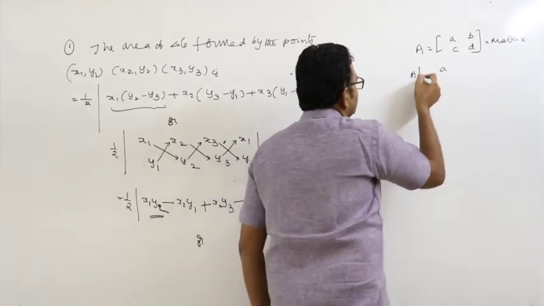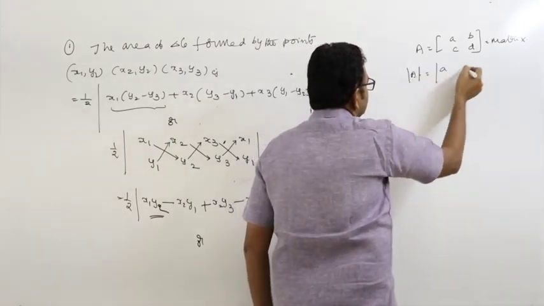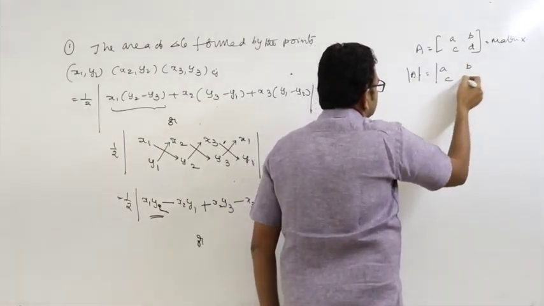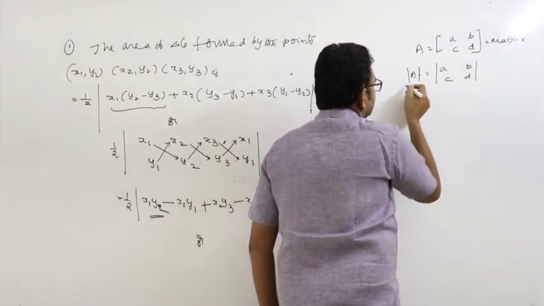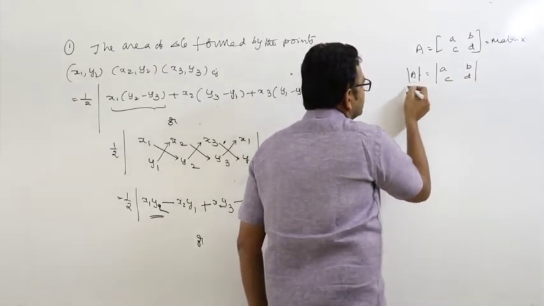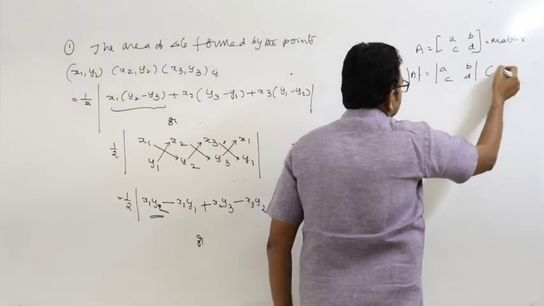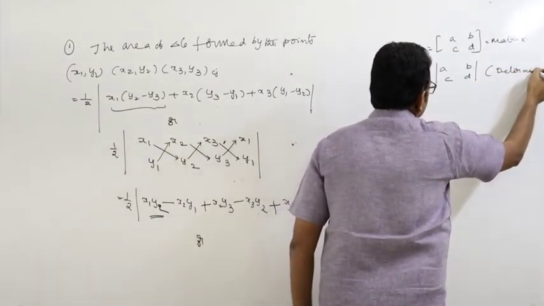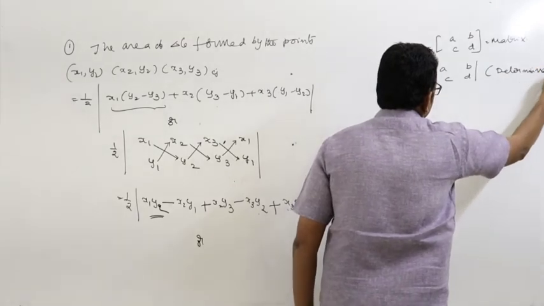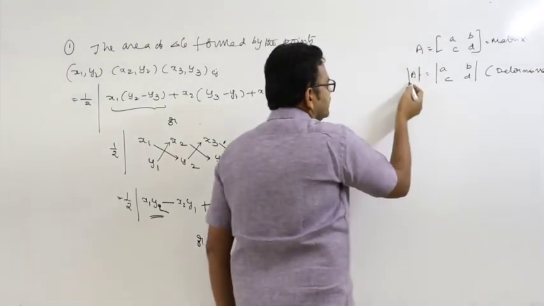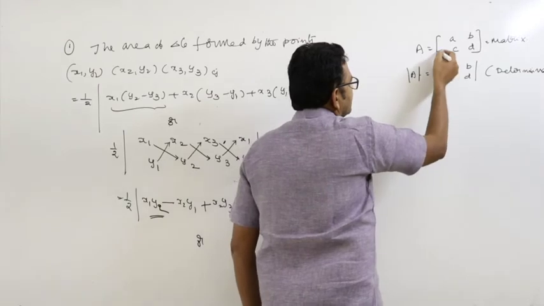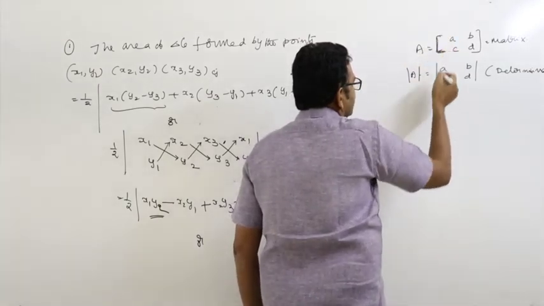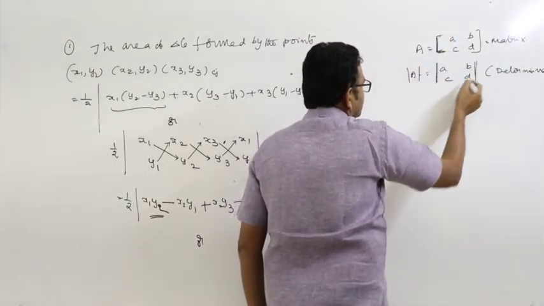This is called determinant of the matrix A, B, C, D. You can put determinant simply denoted by straight lines. It is a matrix with square brackets, and only straight lines for determinant.